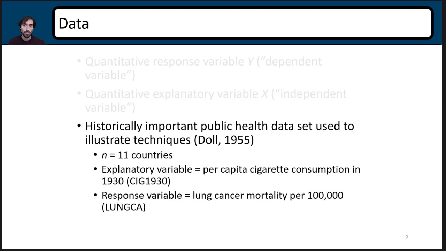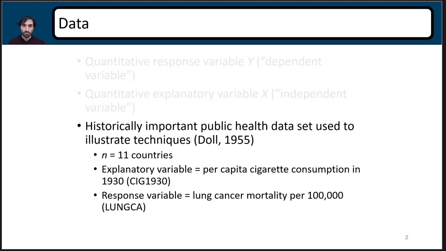So, for example, historically, if we take a data set where there were 11 countries, our x would be cigarette consumption among those 11 countries. And the response would be the lung cancer mortality per 100,000.